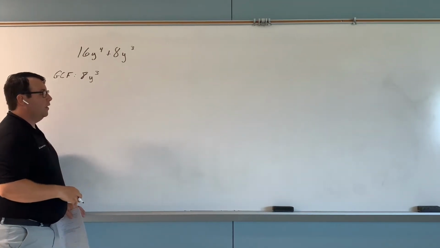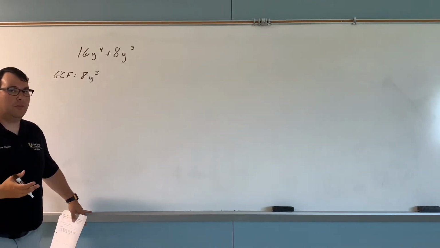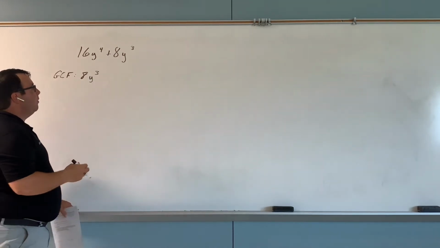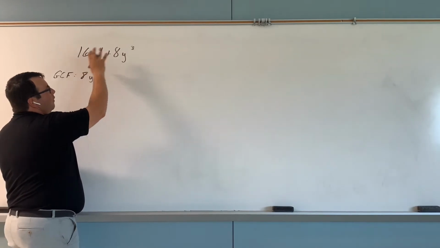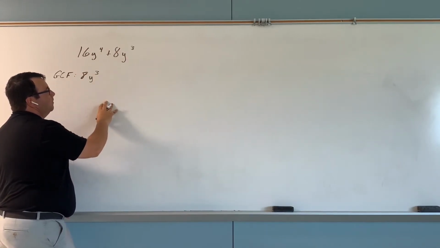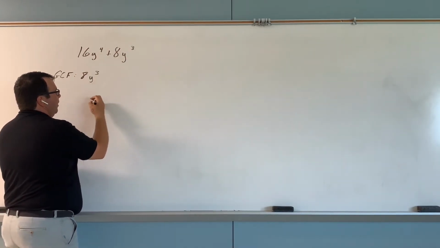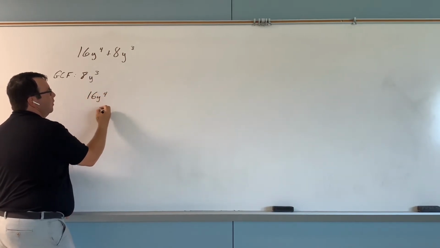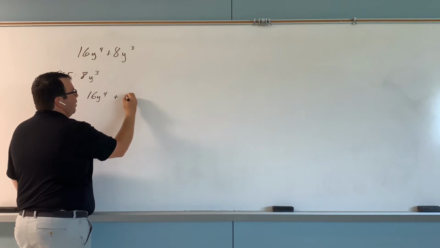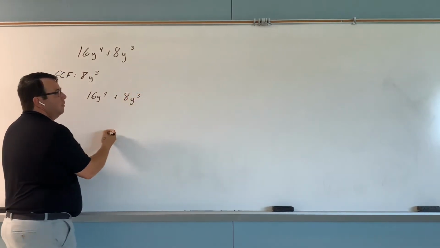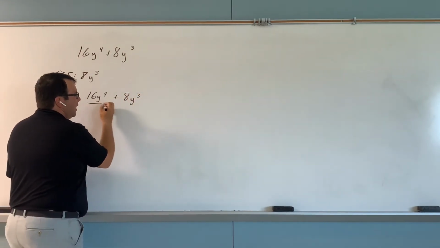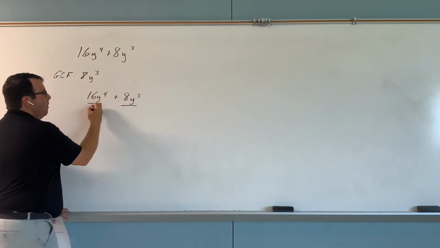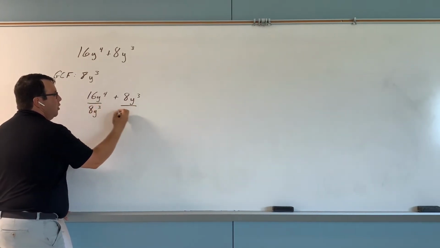Now, let's extend this thought for just a moment. If I look at how this problem is structured, what would happen if I have 16y to the fourth plus 8y cubed, and I divided each of these terms by 8y cubed?